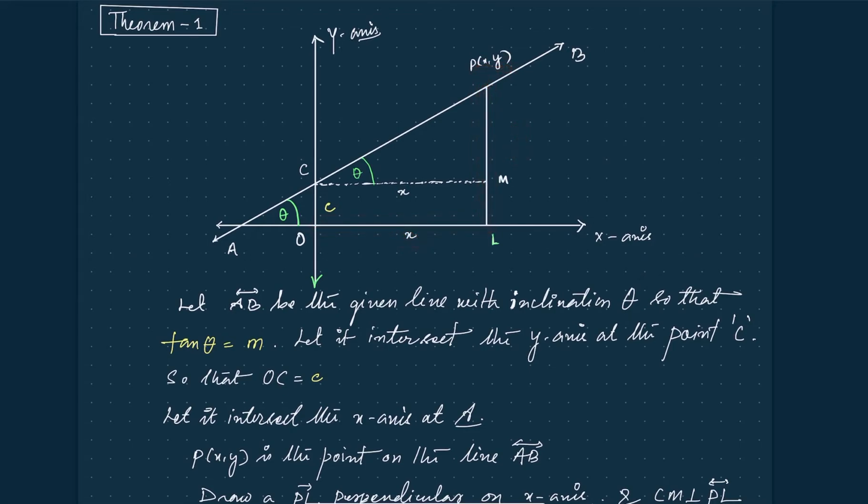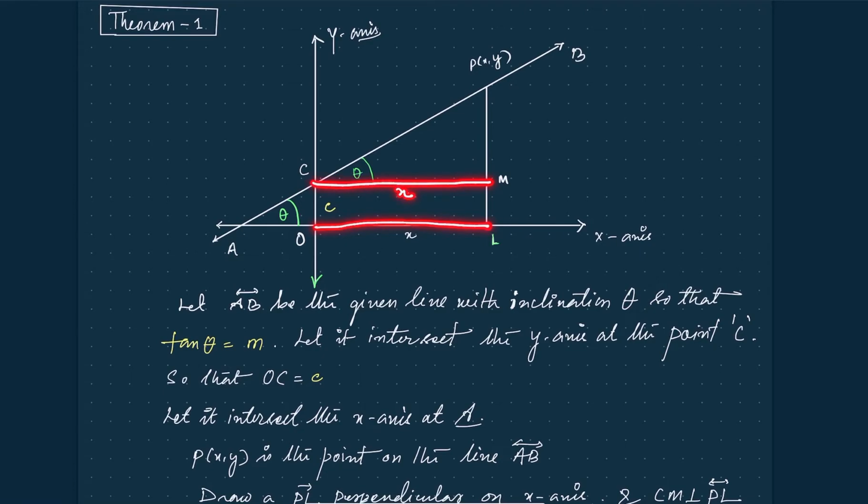Now I'm going to draw a perpendicular from point C to PL, which is CM, and this point is M. Since OL is equal to the x distance, CM also is equal to the x distance.